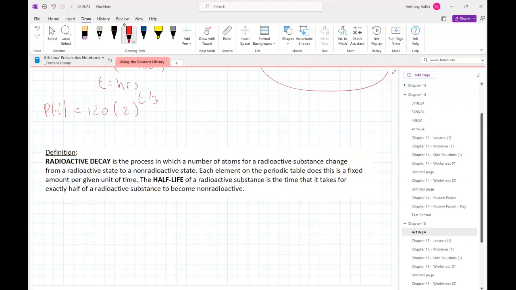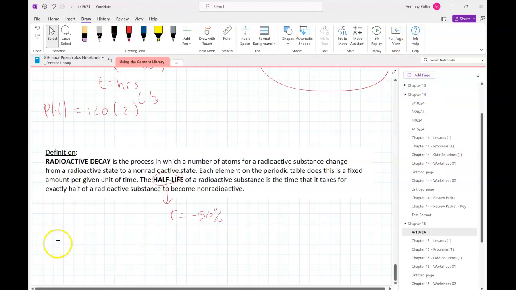That number is called a half-life. The important thing for us is that R, whenever we see half-life, is negative 50%. It's negative because it's a decay we're losing, and 50% for half. Everybody's okay with that? Okay. But otherwise, it's the same setup as our population formula. It's just that the R is kind of fixed.